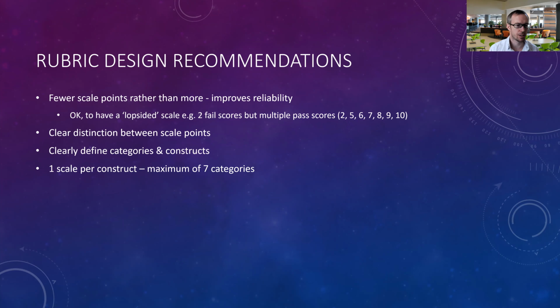It's good to have 1 scale point per construct, so 1 for pronunciation, 1 for fluency, etc., up to a maximum of 7, which is said to be the max. Of course, make the scale fit the purpose of the course and the course goals. Make sure it reflects what you have taught them and also what you want them to be able to achieve by the end of the course.